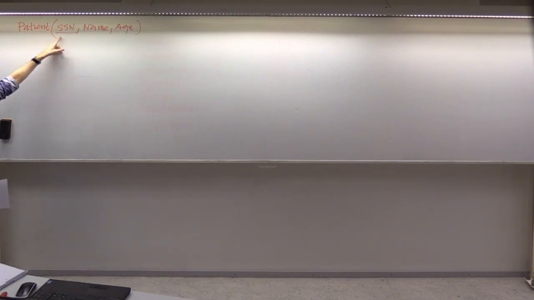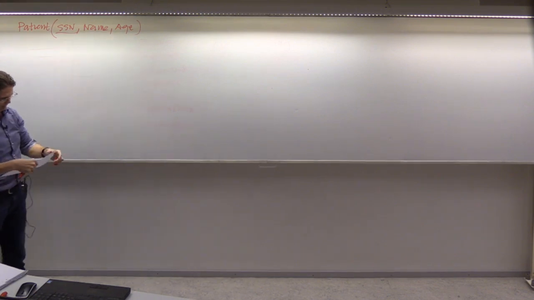And when I'm using an underline for an attribute, that means that it's the primary key or a part of it. So the primary key for the patient is that person's social security number. And it also has the two attributes name and age.